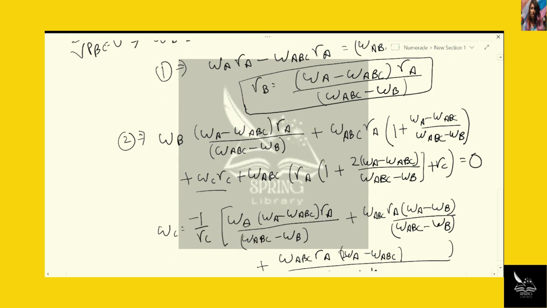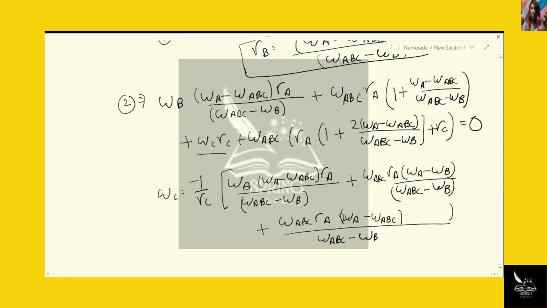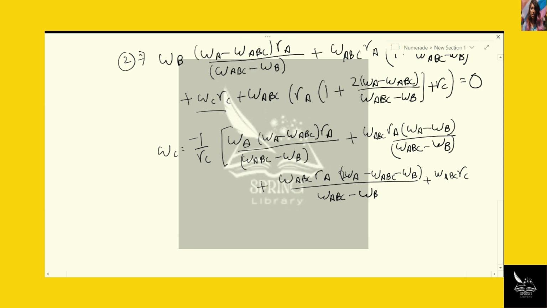Okay, so the bracket finishes there, and so 2 omega C minus omega B. Yeah, I think this is correct. And then finally we have plus omega ABC RC.